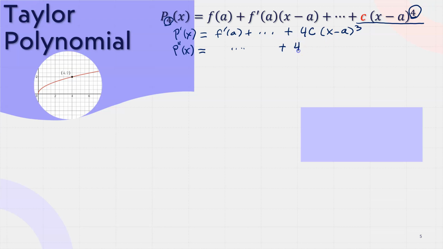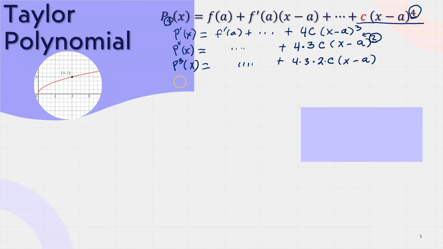And then I'm going to take the derivative again. So the second derivative is going to be, and you'll have a bunch of stuff here, and I want to focus on this part right here so I can see maybe a pattern that has to do with the nth degree polynomial. So I already have 4, now I got to bring down 3. So 4 times 3 times c times x minus a to the second power. That's for the second derivative. And then the third derivative, I am going to have things here plus I already have 4 times 3, but then what am I going to have to do? Bring the 2 down. So I will have 4 times 3 times 2 times c times x minus a.